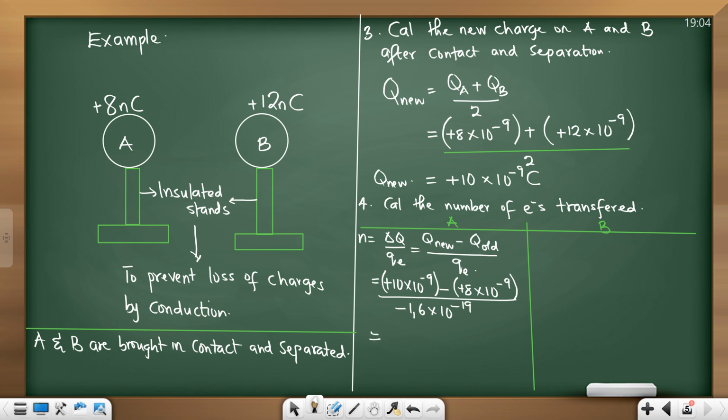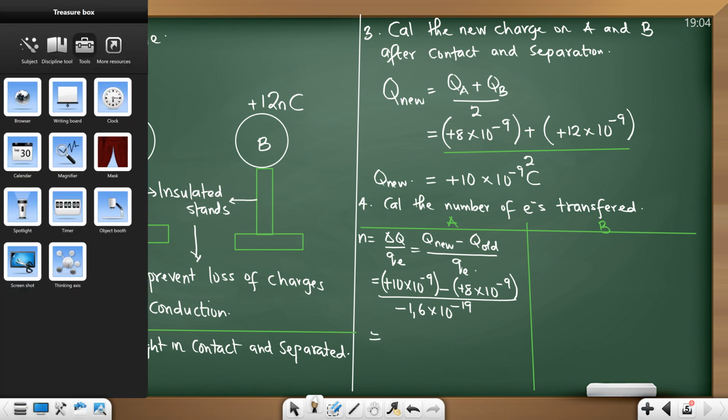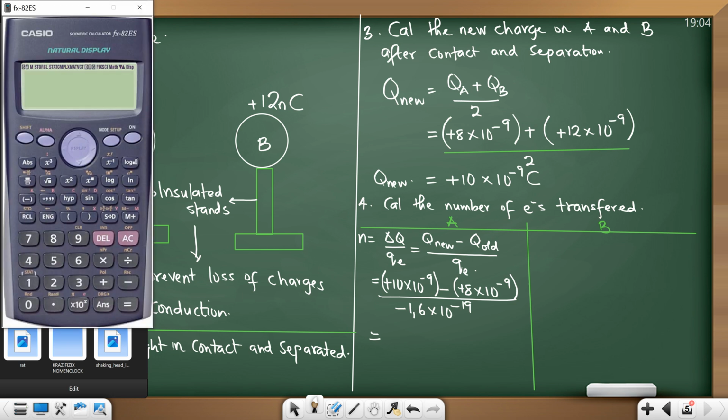Please, when it comes to this section, I'm going to guide you and use a calculator with you. You use this division line. Very, very important. All right, positive 10 times 10 to the power negative 9 minus positive 8 times 10 to the power negative 9 over, I'm using the times 10 at the bottom, negative 1,6 times 10 to the power negative 19.